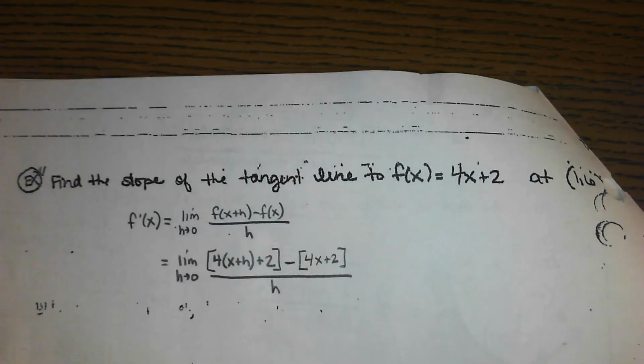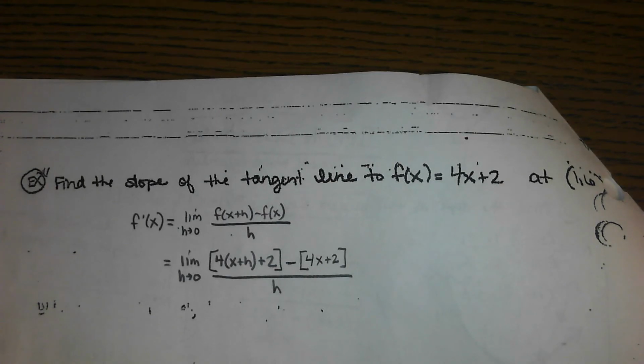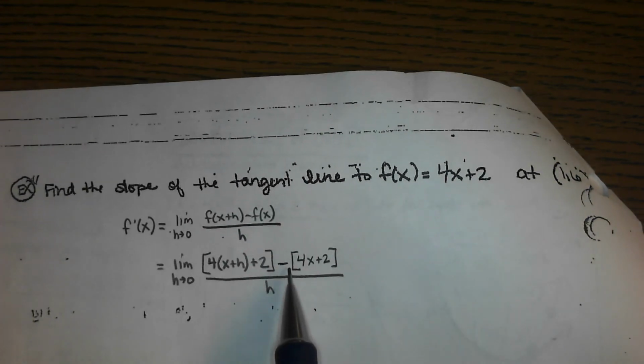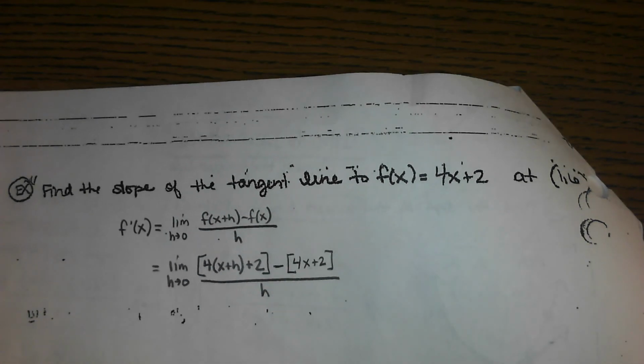all over h. Unlike the last problem, these brackets are definitely helpful for one, organizational purposes, but number two, if you don't have them on this minus f of x, then you're not technically distributing the negative.